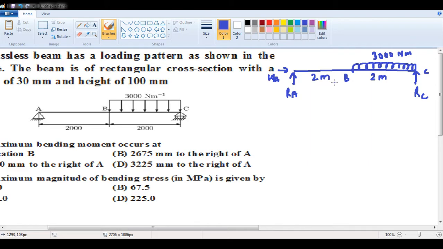So now, this is 3000 Newton per meter, this is 2000 mm, and again this is 2000 mm, this is also 2000 mm. Now we have to make the shear force and bending moment diagram over here, because then only we can get to know which has the maximum bending moment.